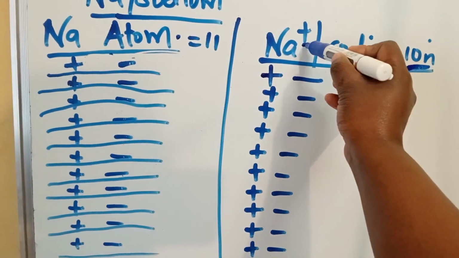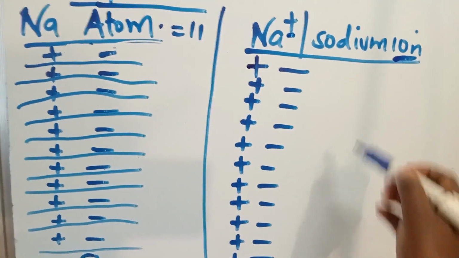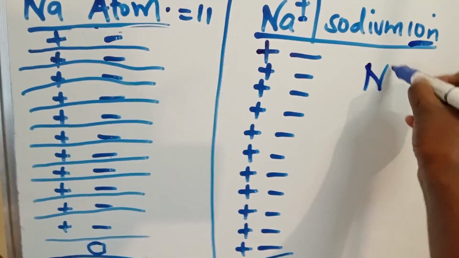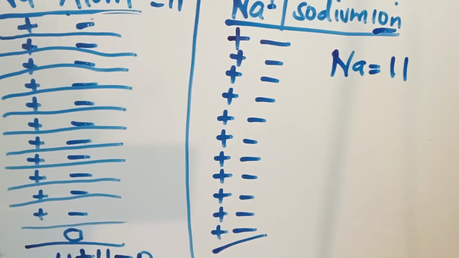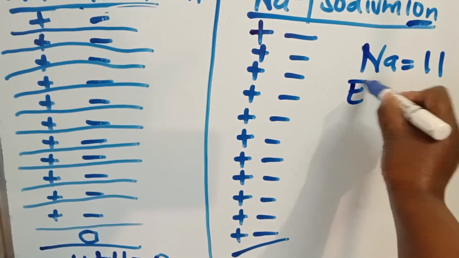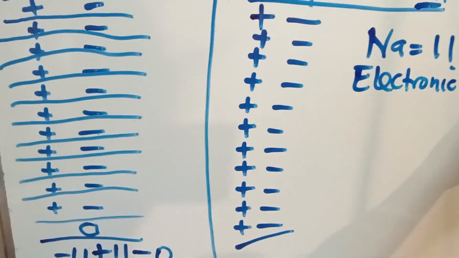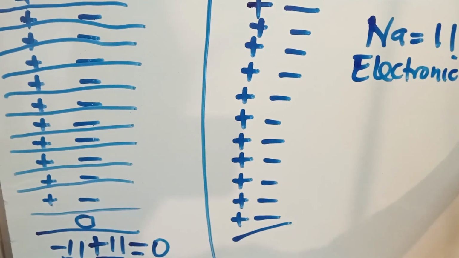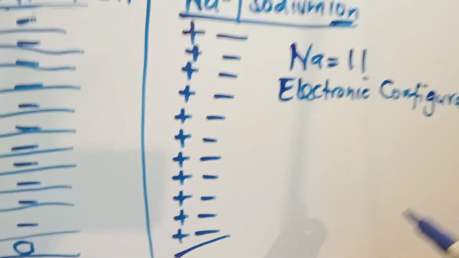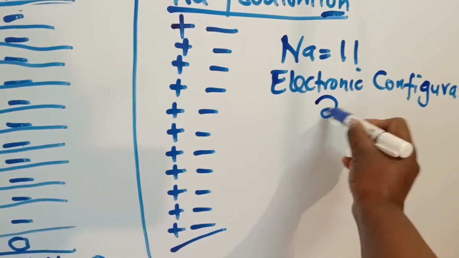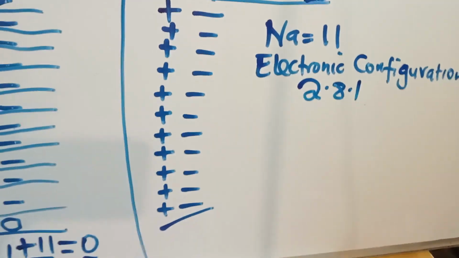that is positively charged. So just to remind you, when you have sodium as an atom with an atomic number 11, if you were to write the electronic configuration, it will be 2.8.1.